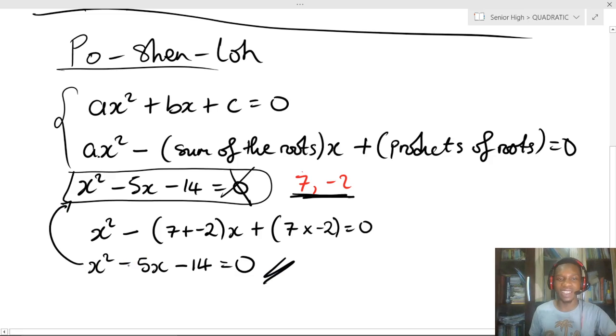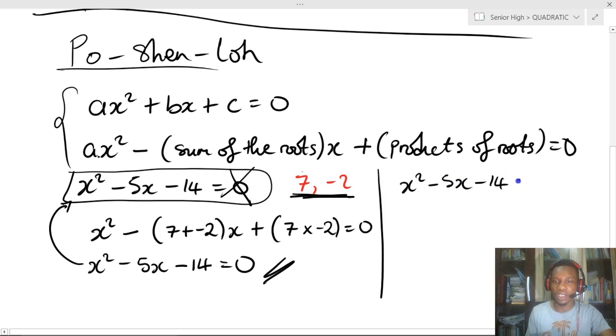This is very important in knowing how to solve with the Po-Shen Loh method, and now I'll show you why. If we're given this question, x squared minus 5x minus 14 equals 0, let's resolve it again with the understanding of what we've done.